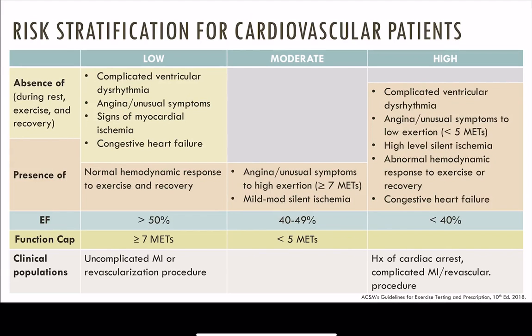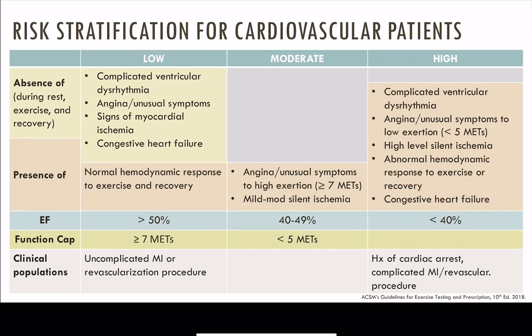So we talked about risk stratification in the first unit. When a patient just comes in and you want to find out if it's safe to exercise, the ACSM has a specific risk stratification list for patients who have cardiovascular disease. As you can see in this chart, patients are categorized as low, moderate, or high risk.